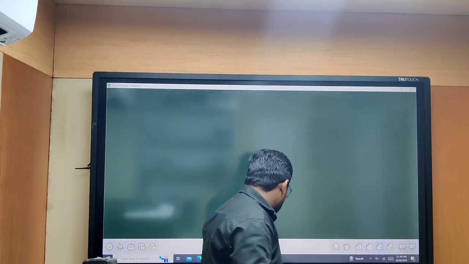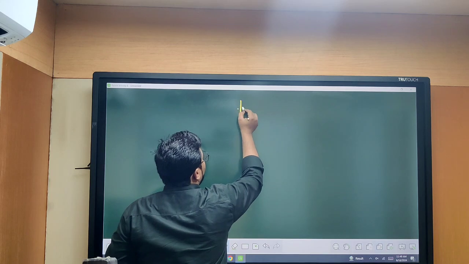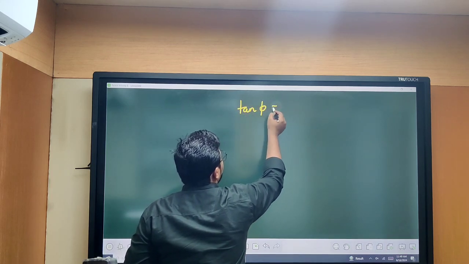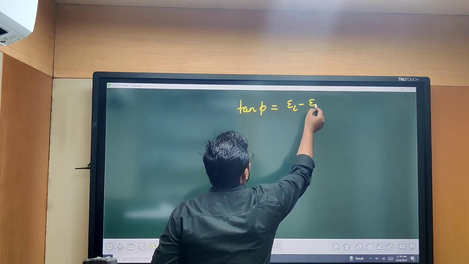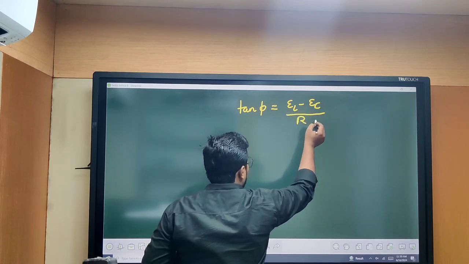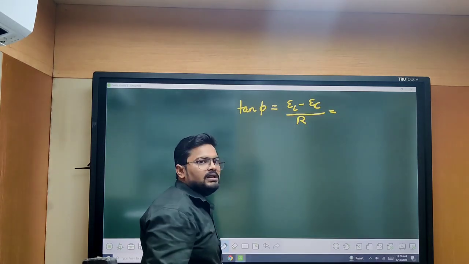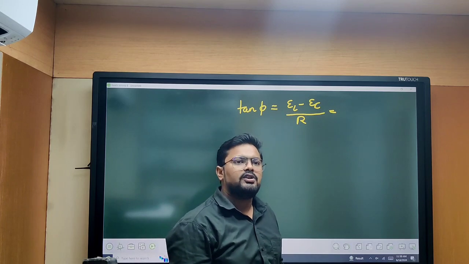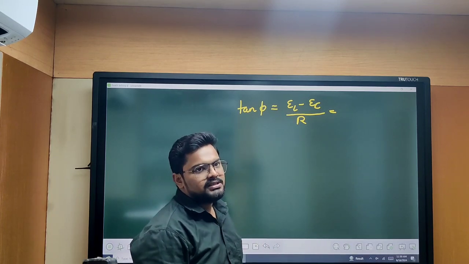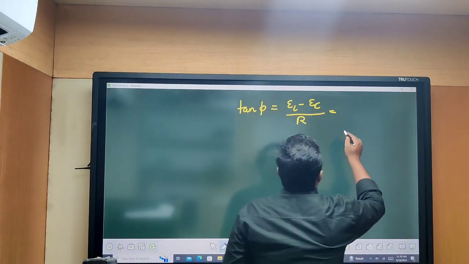So let's find tan phi, which equals EL minus EC upon R. Now what about EL? We know the formula I naught XL. What about EC? We know the formula I naught XC.